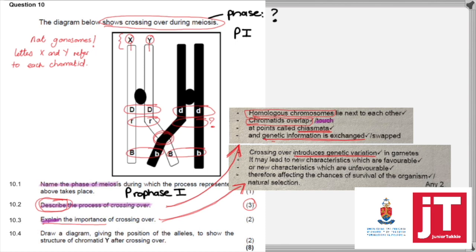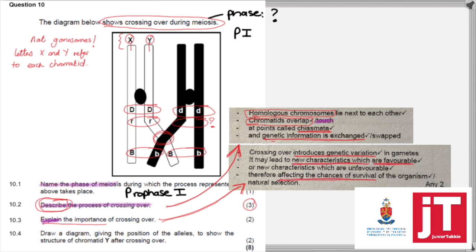So ultimately, crossing over does increase genetic variation. Whether it be favorable or unfavorable, it still increases the genetic variation in that species through the offspring. So that's our explain question for 2 marks there as well.